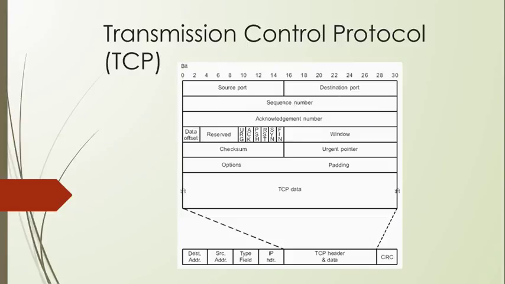Now here is a sample header of a TCP segment. As you can see, there's the source port, then the destination port. As we discussed earlier, a source computer has an application. That application, let's say port 22, sends the data to the computer, then the computer specifies it in the header of the data frame going to the destination computer, which also has a destination port, let's say port 23.